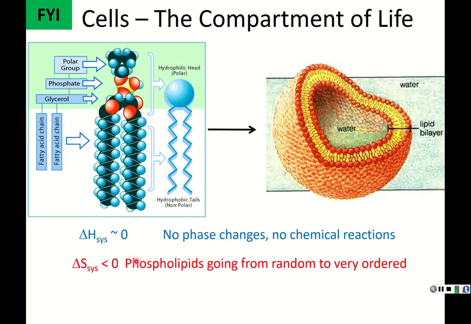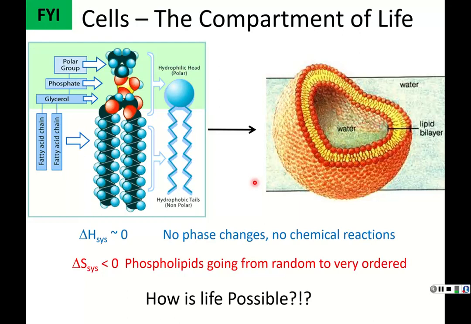Delta S for this process, if you're considering only the phospholipids, would actually be negative, right? Because if these are just floating around randomly, and you stack them and order them in this bilayer, you're increasing the order, and that would be a negative delta S.